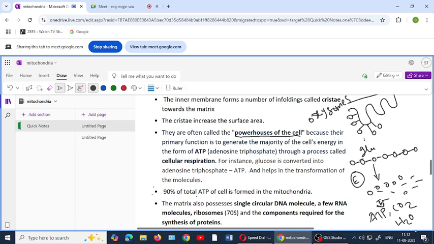The other products are carbon dioxide and water. So this is what happens in cellular respiration: the longer molecules break down into smaller molecules, later giving ATP, carbon dioxide and water, which are mainly used for cellular activities, cellular energy.